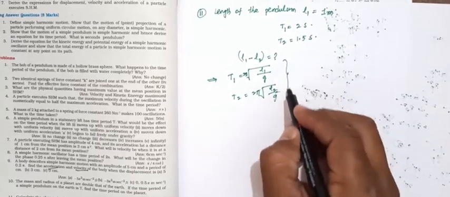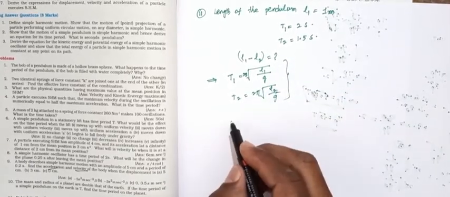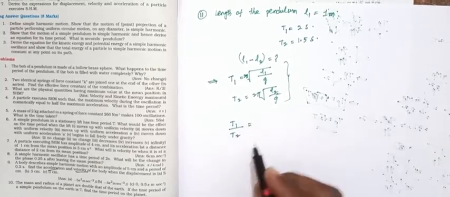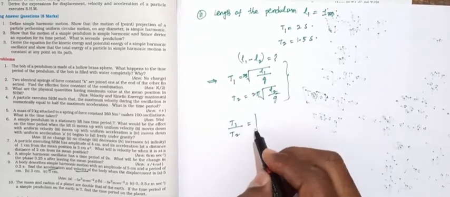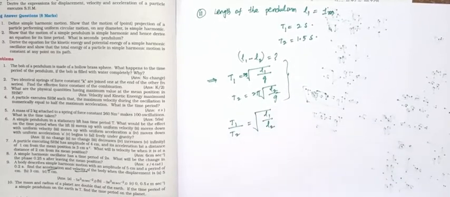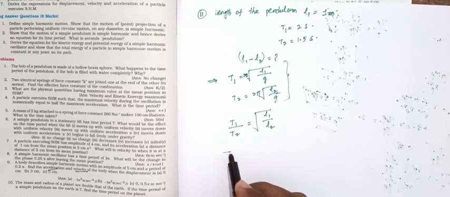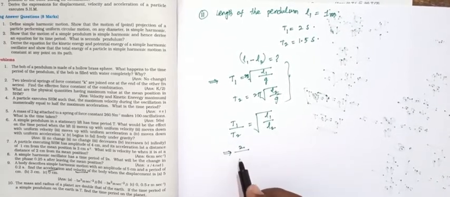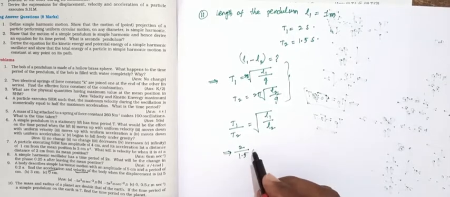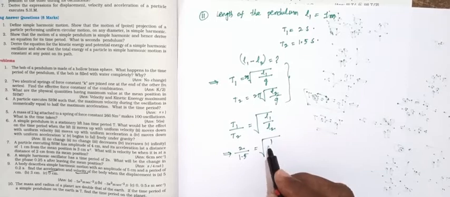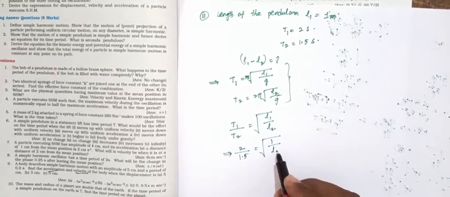So from these equations we can write T1 by T2 equals square root of L1 by L2. Here T1 equals 2 seconds, T2 equals 1.5 seconds, L1 equals 1 meter, L2 we don't know.